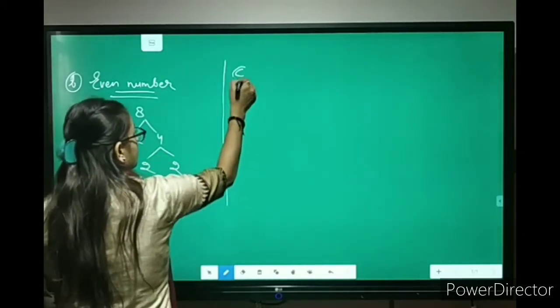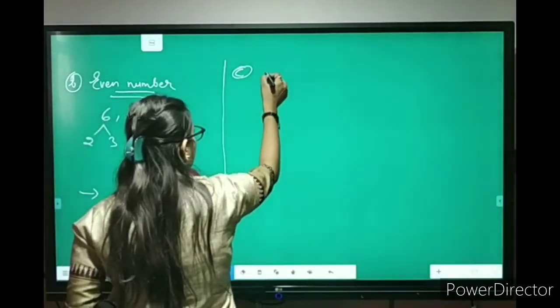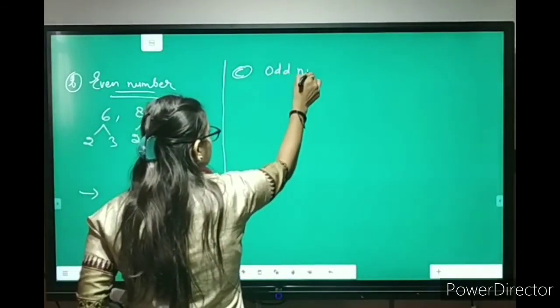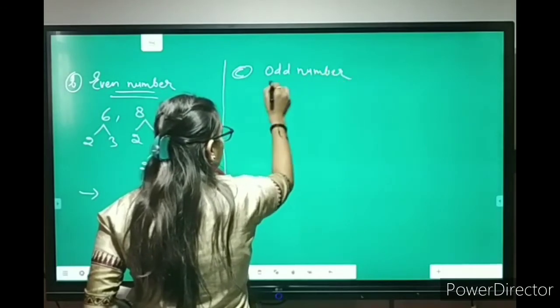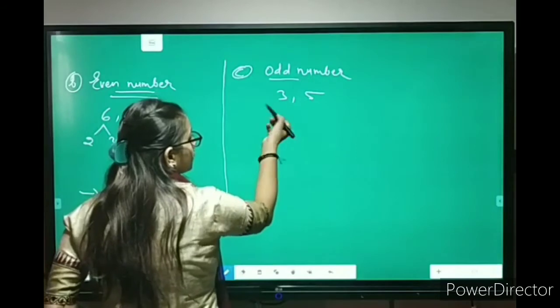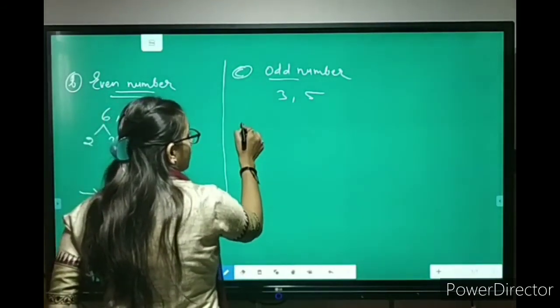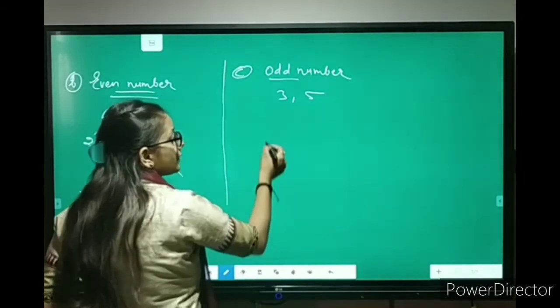Next, odd numbers. Find the HCF of two consecutive odd numbers. Odd numbers are like 3 and 5. 3 and 5 are prime numbers.